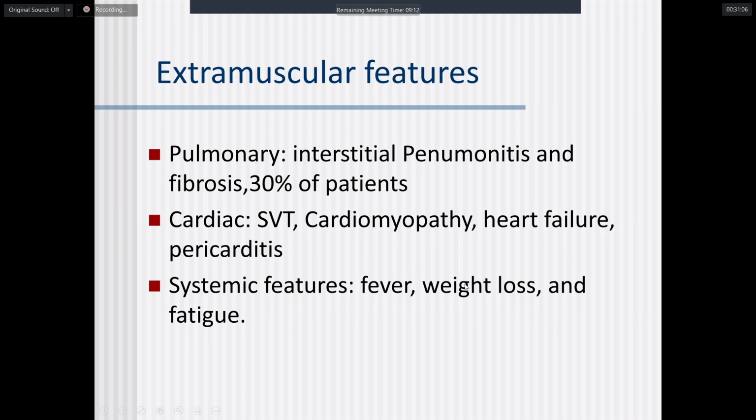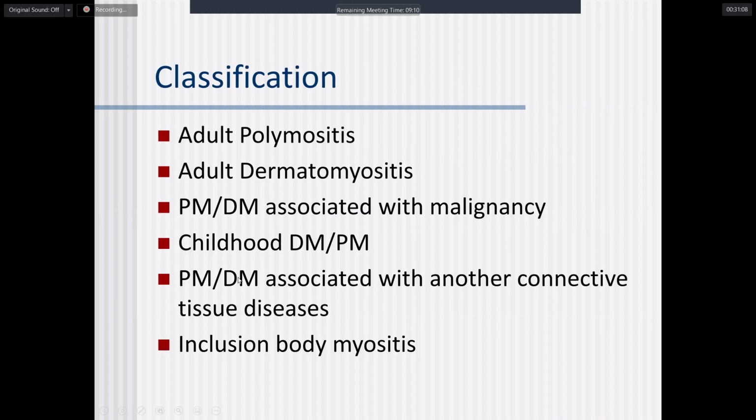Systemic features such as fever, weight loss and fatigue. Classification: adult polymyositis, adult dermatomyositis, polymyositis or dermatomyositis associated with malignancy, childhood dermatomyositis, polymyositis or dermatomyositis associated with other connective tissue disease, including inclusion body myositis.